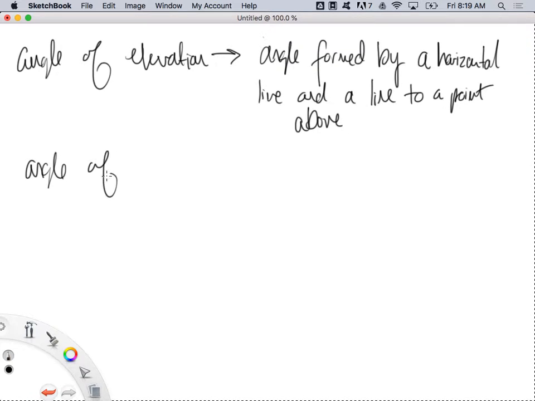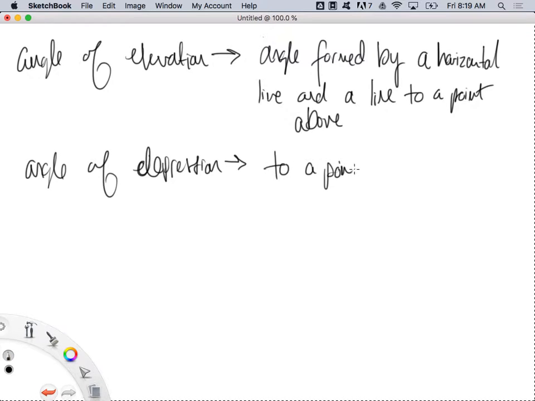And angle of depression is the same thing, but it's to a point below. So I'm just not going to rewrite that whole thing again, but it's the same thing. It's the angle formed by a horizontal line and a line to a point below. That's angle of depression. Does that make sense? Okay.